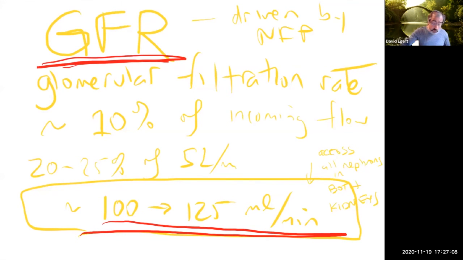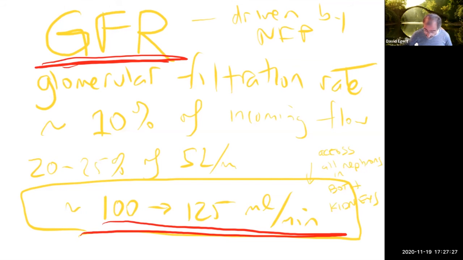There are a few different ways you can try to assess this glomerular filtration rate. You can look at things that are being produced in the body and excreted, and see how quickly they're showing up in your urine.